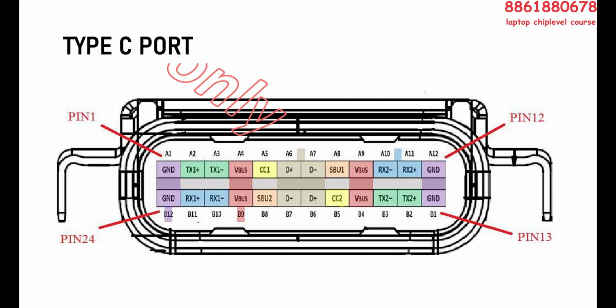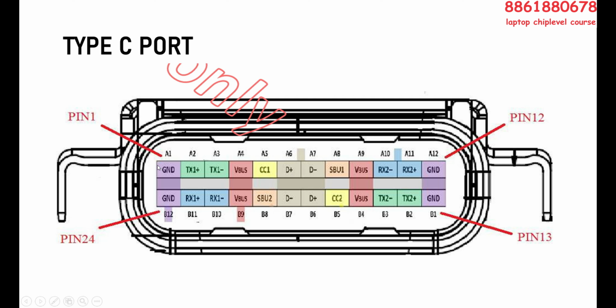But how will it communicate? If you are connecting the charger to the Type C port, what connection will go to the PDIC? That is CC1 or CC2. The two paths I told you, it will connect to any one, CC1 or CC2.